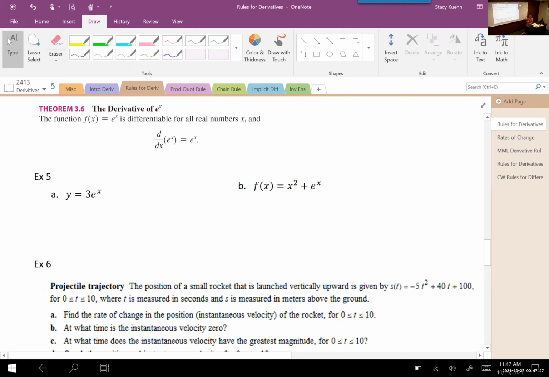That's going to be Thursday. But for right now, this is fairly straightforward. y prime of 3e to the x would be 3e to the x, wouldn't it? 3 comes out, the derivative of e to the x is just e to the x.